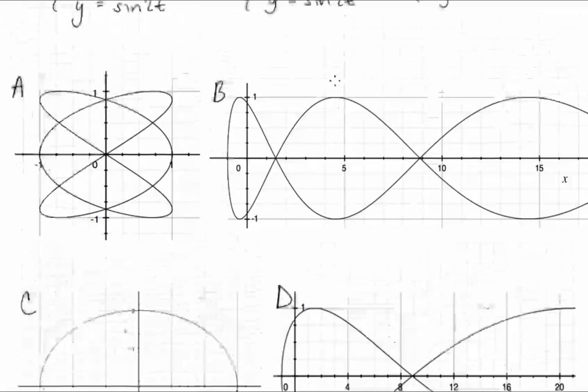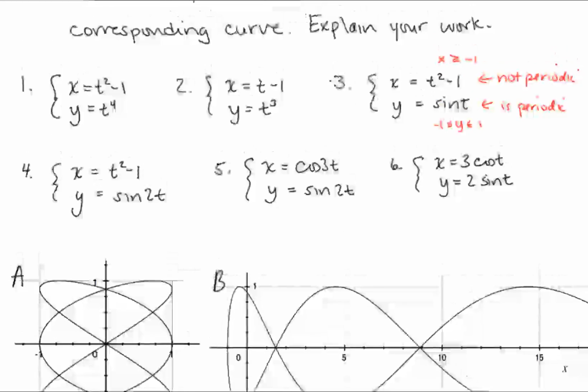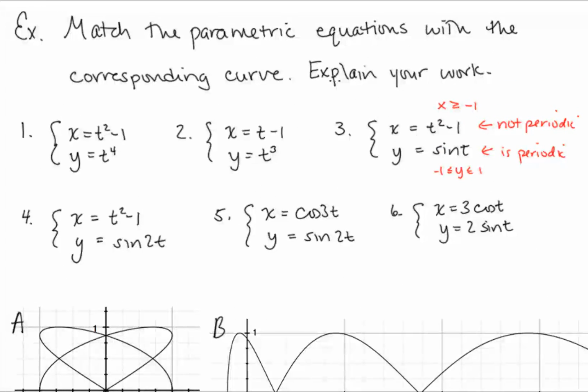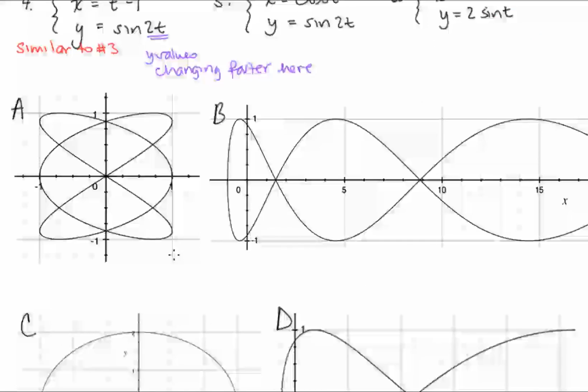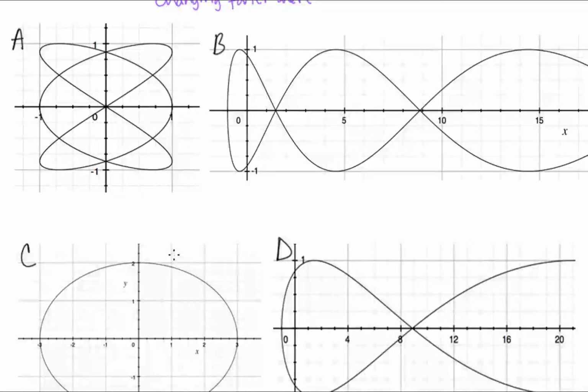Now let's take a look at the other equations we have. And notice that the equations in number 4 are very similar. But what's the difference here? The difference is that the y equation here has sine of 2t. That tells us the y values are changing faster for this parametric curve. So let's take a look at the two graphs again and see which is which.